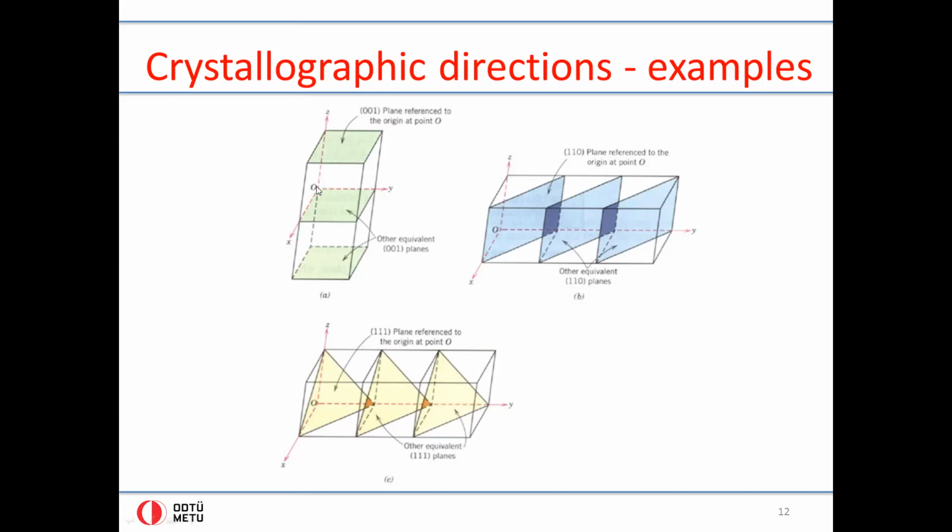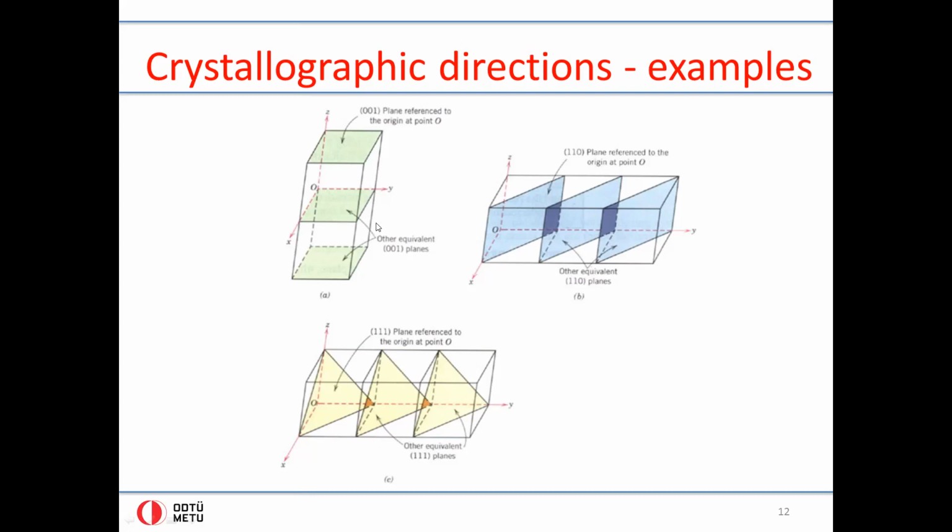You see that for this origin, in this x, y, and z, this plane cuts the x-axis and the y-axis at more than 1 point, and it cuts the z-axis at the origin. Because it passes through the origin, you need to shift it. So you could shift it here, or you could shift it here.